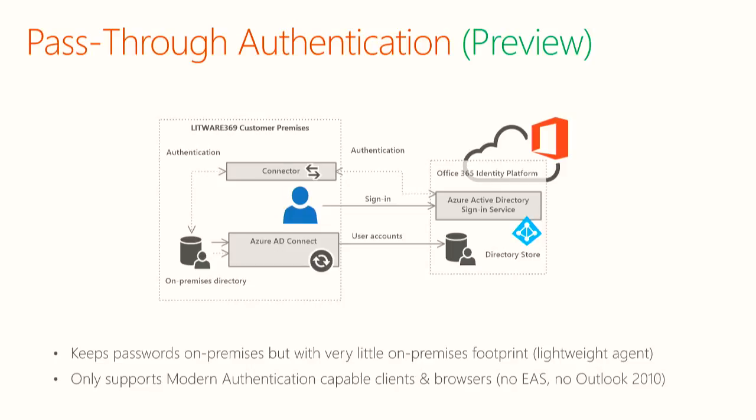So if you need to cater for older clients or for ActiveSync clients, you can't really use pass-through auth exclusively. And that's why you would turn on password hash sync as well as pass-through auth, because if pass-through authentication doesn't work, we can fail over to password hash sync, because we've got a version of the password in there that the user can authenticate with, which will allow these to work as well. But if you didn't do password hash sync, you would instantly prevent these from working.